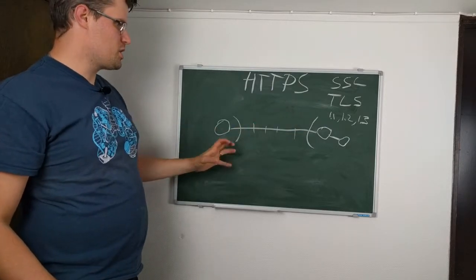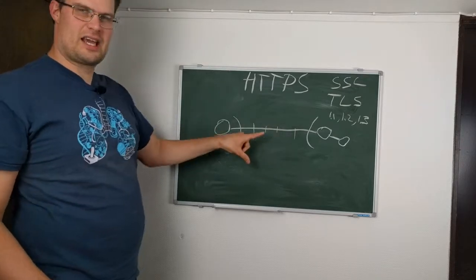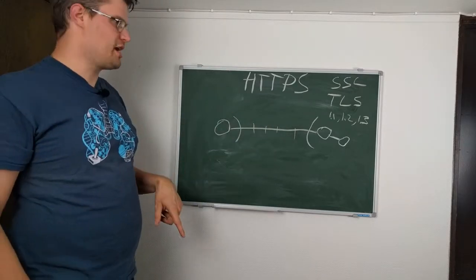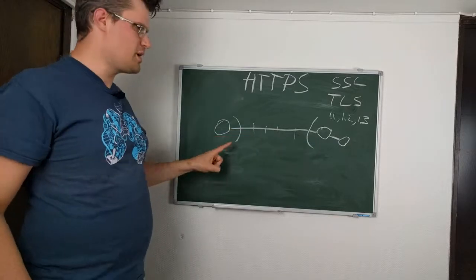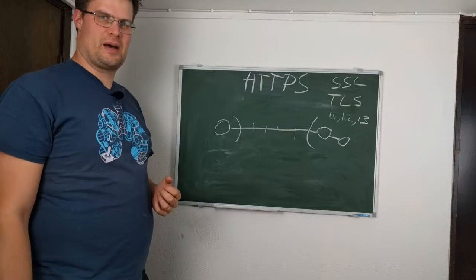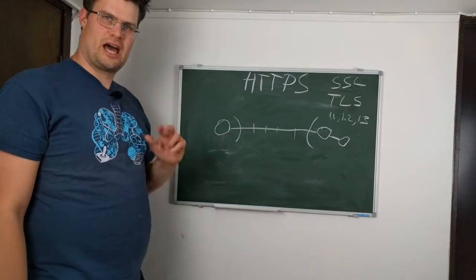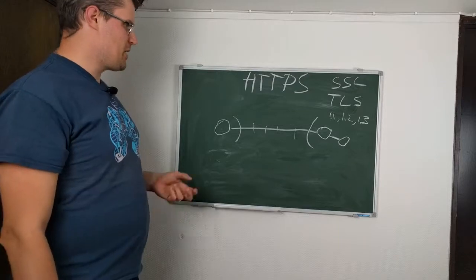So we want to find some way that people in the middle here can't be eavesdropping on our connection and actually read what we are talking about. That could be bad for business. It could be bad if this is a bank, for instance. Those transactions could be highly classified.